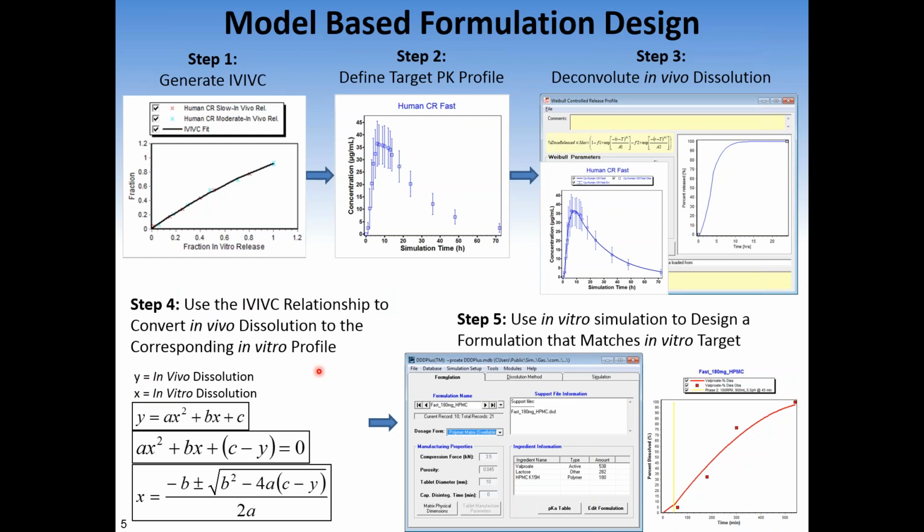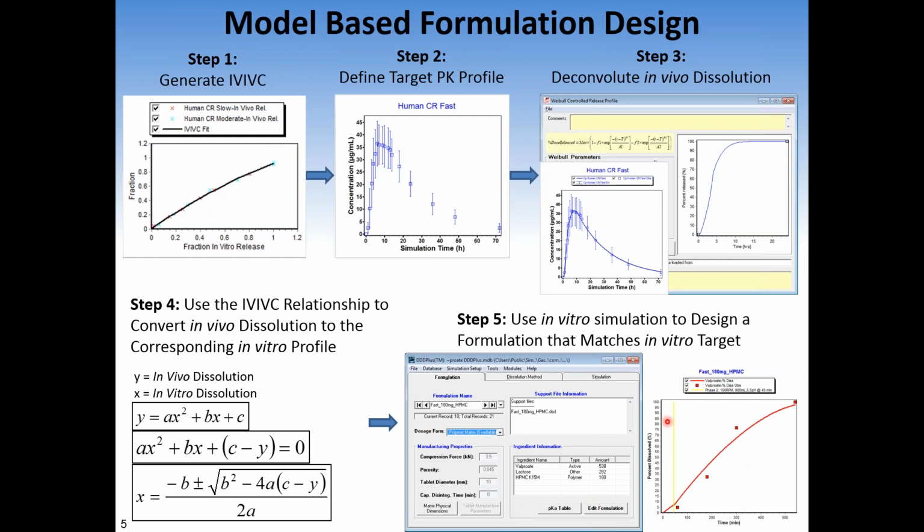And once you know that in vitro profile, then you have a target with which you can try to do some formulation development, right? So you know in your in vitro experiment what exact target you need to hit. You can build a model in DDDPlus for the release of your tablets, your CR tablets in this case, and try to determine a formulation that will match the target in vitro profile, which is represented by the red square points in this graph on the bottom right here.